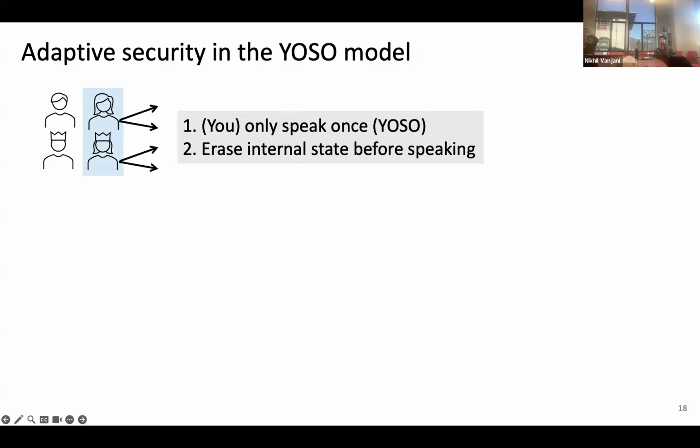I don't understand. What does it mean to erase internal state before speaking? That's a very good question. I realize this slide is coming slightly out of order. Whenever you try to prove security of a protocol, whenever the adversary corrupts a party, the adversary expects to see the internal state of that party.